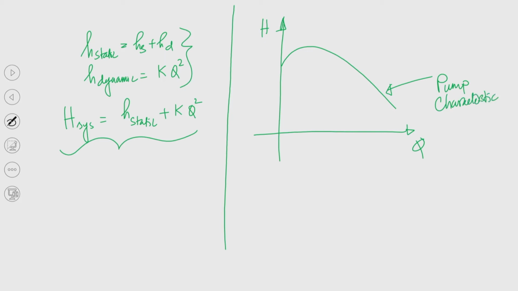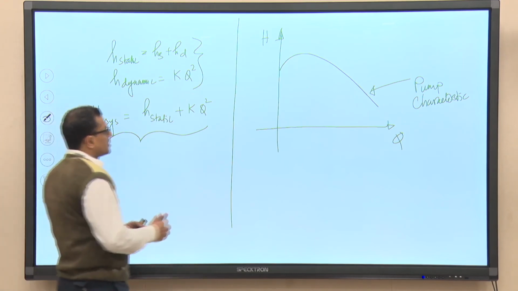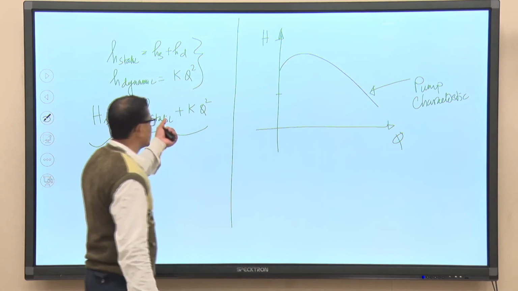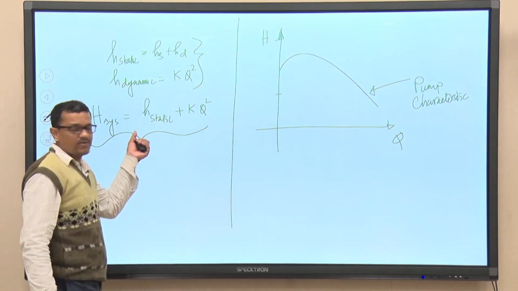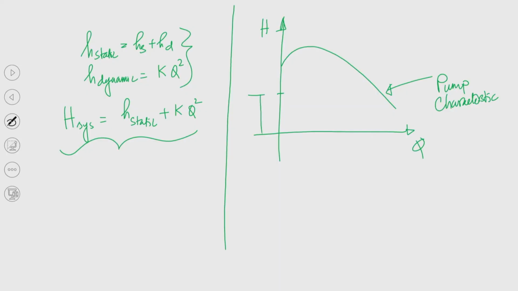If we superimpose this curve, you can see this equation is static plus K Q square. That means this equation is just like the equation of a parabola, where the origin is shifted to H static.